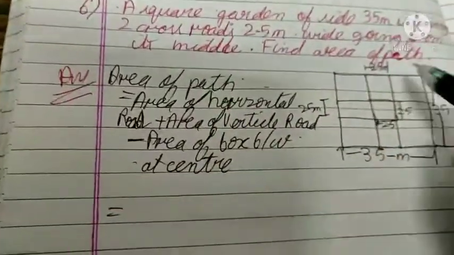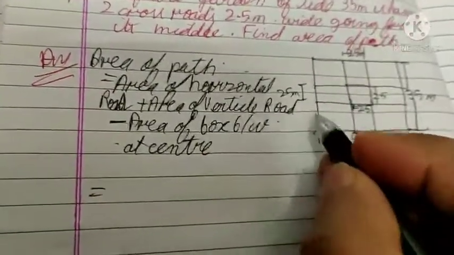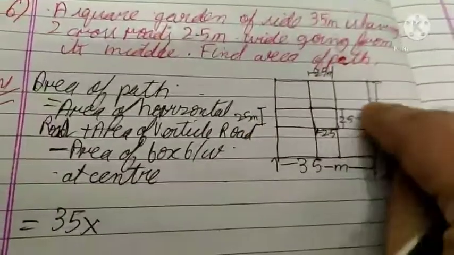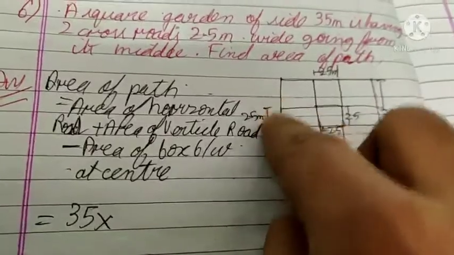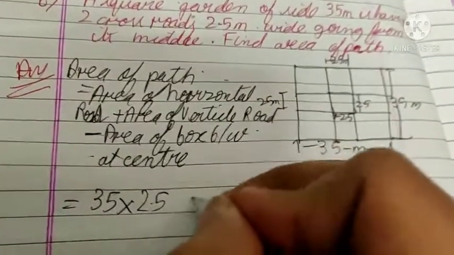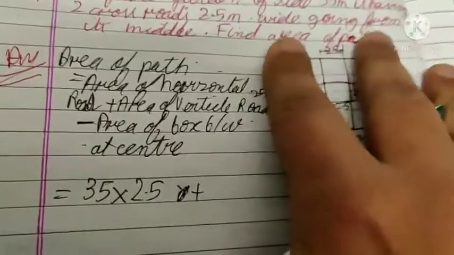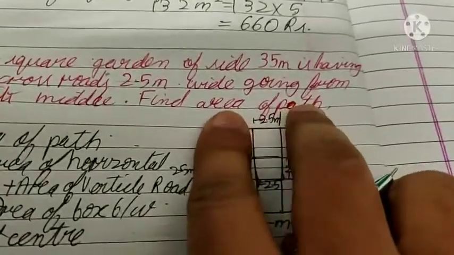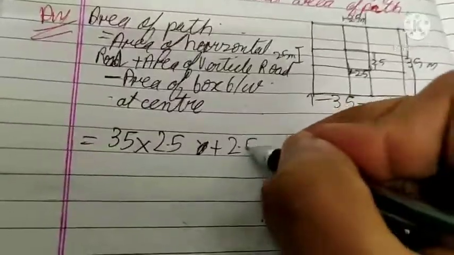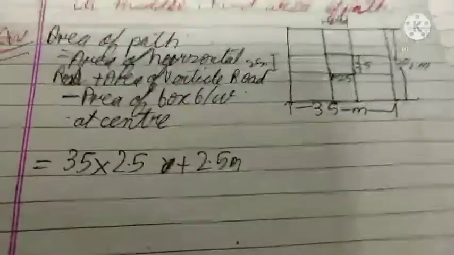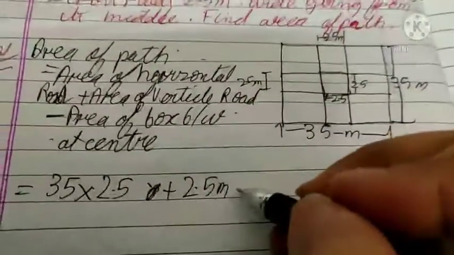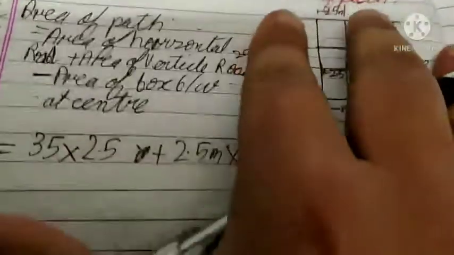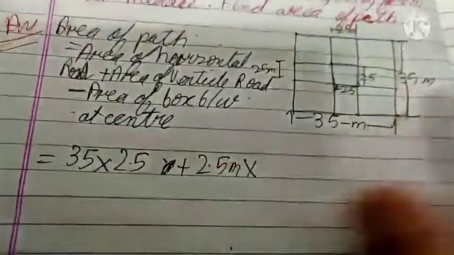So area of horizontal road, its length is 35, its breadth is 2.5, the road is 2.5 meter wide, plus area of this vertical road, which is 2.5 meter wide into its length, its breadth. Its length is this long. This is equal to 35.